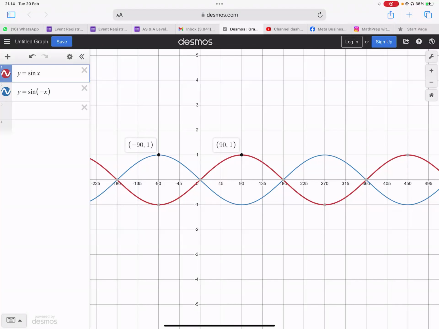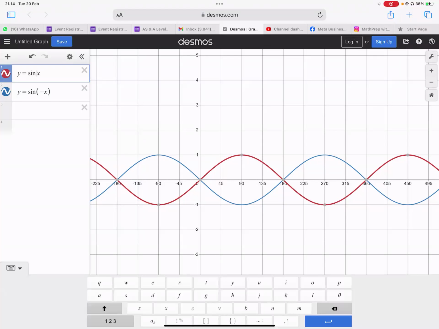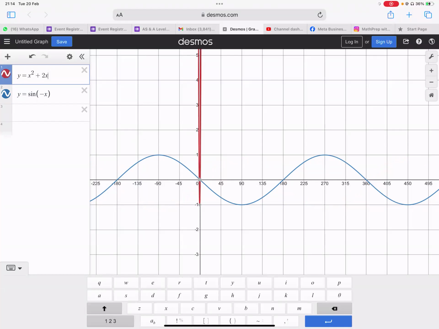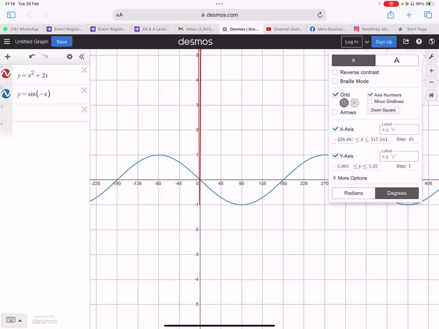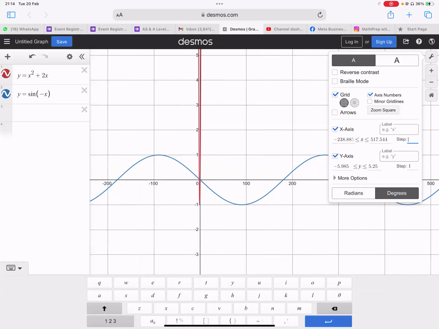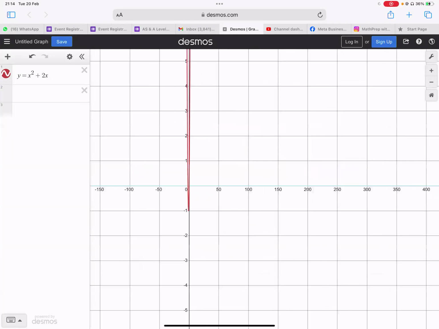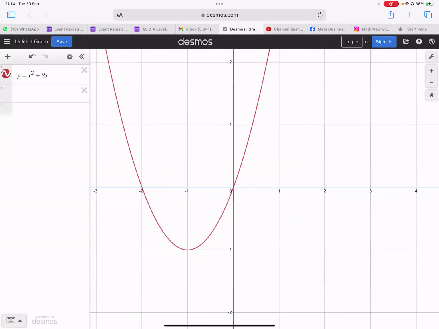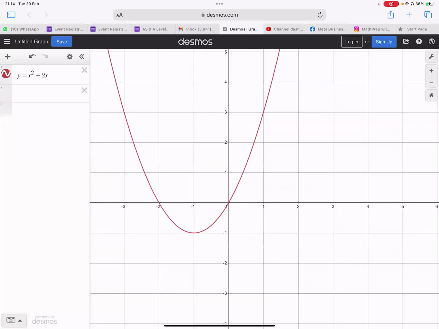But it's more clear if you use a different function. For example, a quadratic function, we will look at this later. Quadratic function which looks like this. This is the quadratic function.